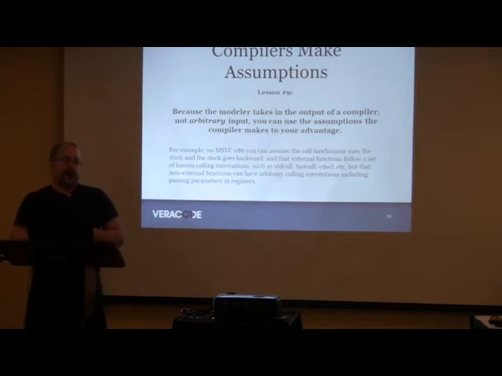Note that you can't apply random assumptions all over the place. You have to use them where the compiler used them. Things like the declaration of a function calling convention for an external function does not apply to an internal function, something like a static function that is only used inside a particular translation unit. The compiler has the right to optimize its calling convention and do whatever it wants. It can pass a parameter in EBP.